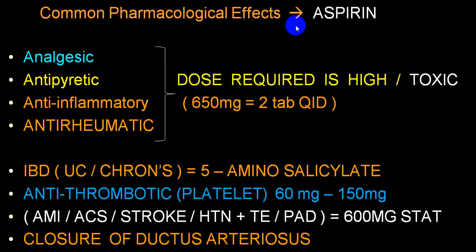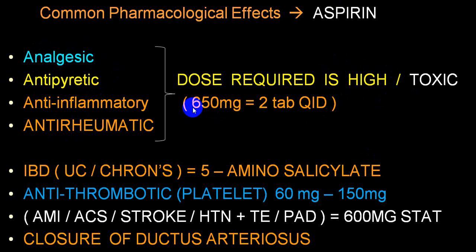Now talking about aspirin, they are analgesic, antipyretic, anti-inflammatory and anti-rheumatic. But for anti-inflammatory action and anti-rheumatic action, and as an analgesic, as an antipyretic, you will have to use a larger, higher dose.